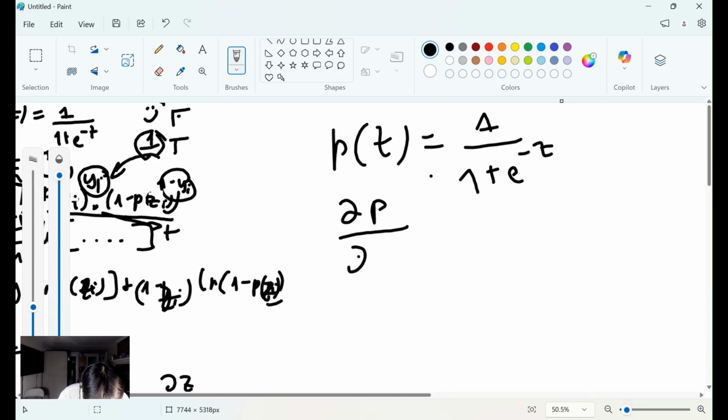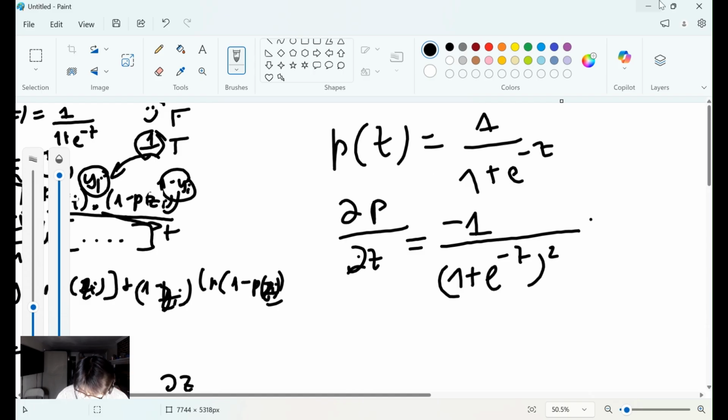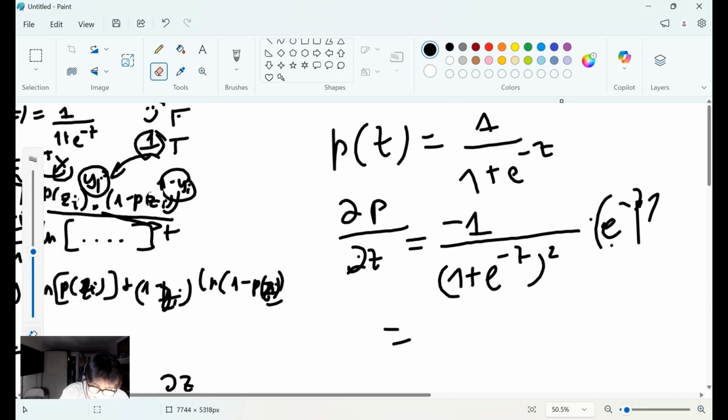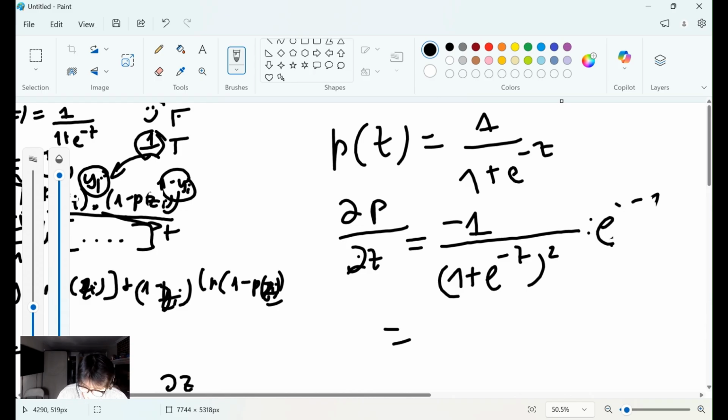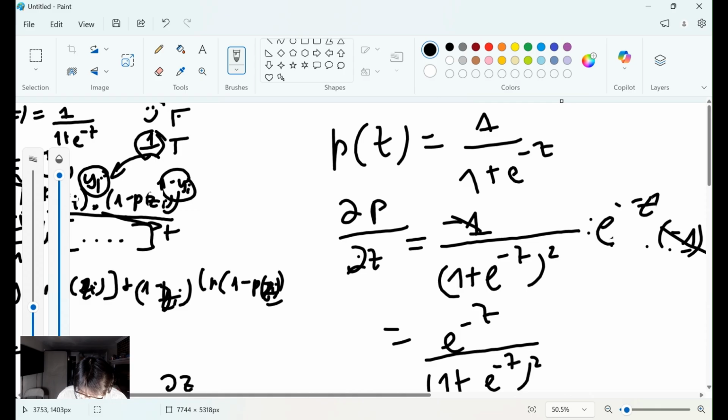So the gradient of p with respect to z would just be minus 1 over (1 plus e to the power of minus z) squared, multiplied by the gradient of e to the power of minus z, which is e to the power of minus z multiplied by minus 1. The minus 1s cancel out, so we have e to the power of minus z over (1 plus e to the power of minus z) squared.